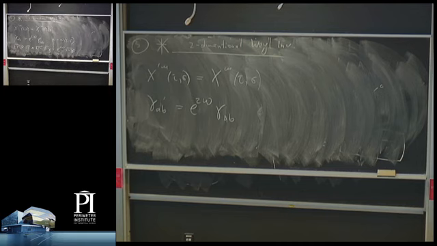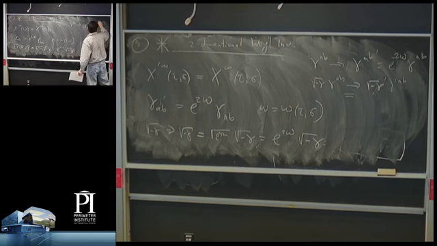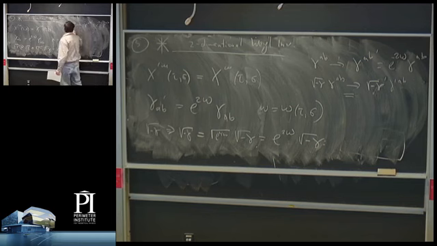But notice that I have gamma AB with upper indices, so it goes to gamma AB prime, which is e to the minus 2 omega times gamma AB. So the square root of minus gamma times gamma AB goes precisely to the square root of minus gamma prime times gamma prime AB, and those two quantities are the same.